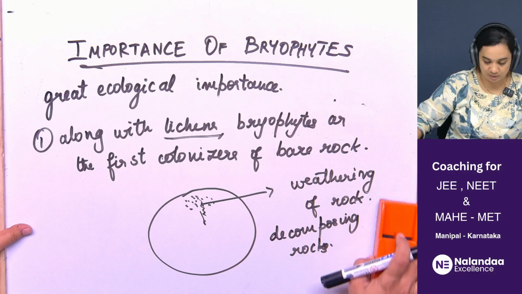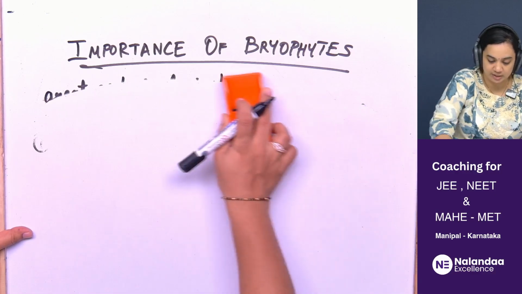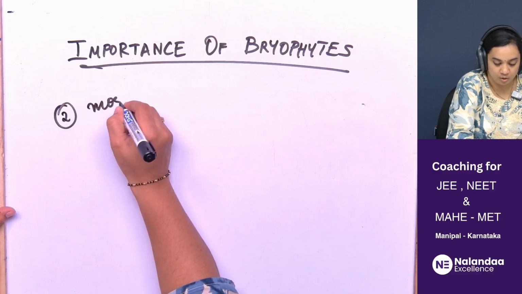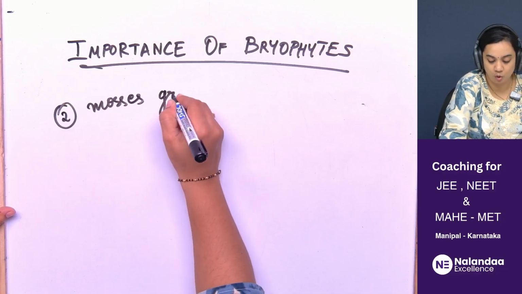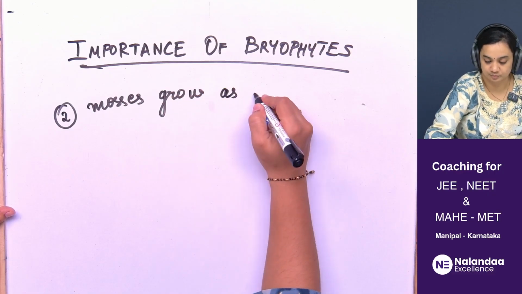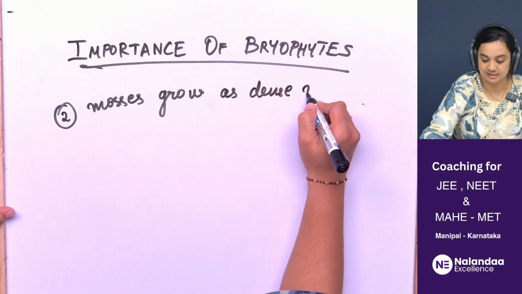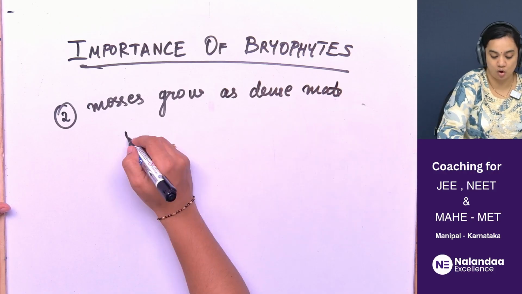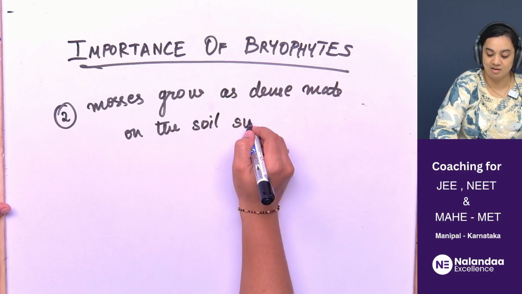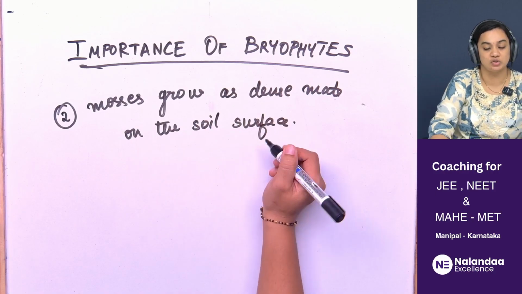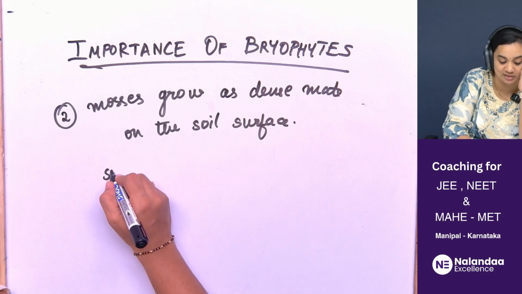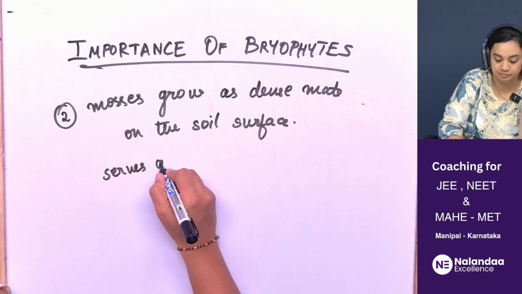And then one more ecological importance is that mosses grow as dense mats on the soil surface, which means they will cover a large area of the soil and hold the soil by means of their rhizoids. So it serves as protection, no?